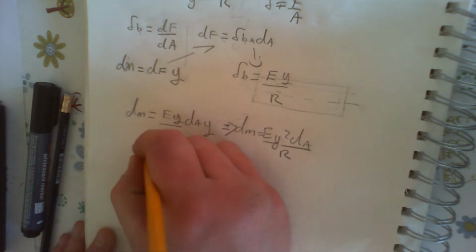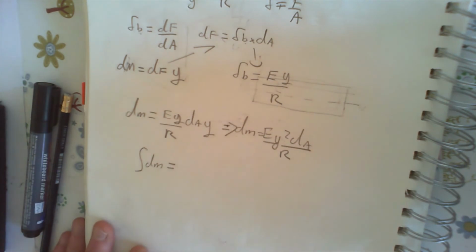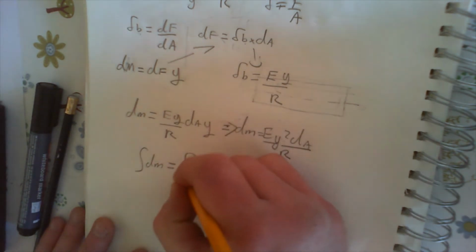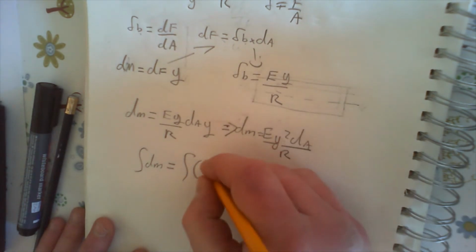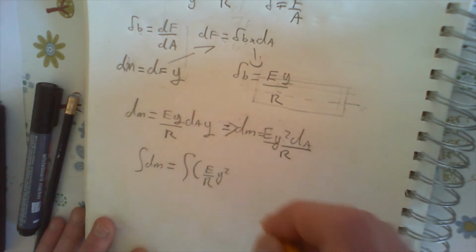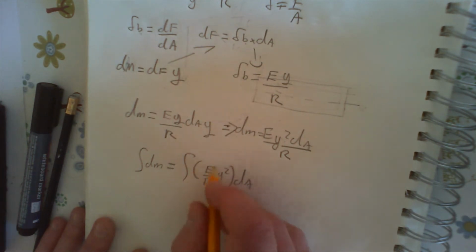So now we need to integrate both sides of this. Integrate dm to give M is going to equal the integral of all this, E over r y squared dA. Now these are constants.